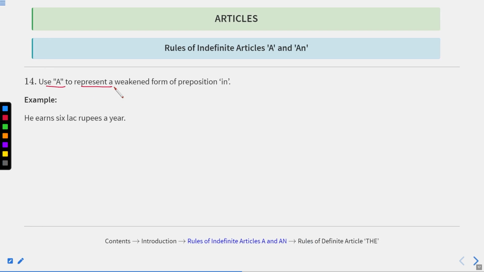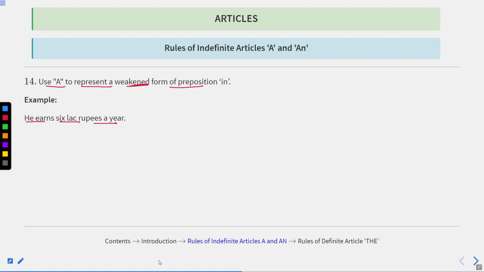Use a to represent a weakened form of the preposition in, for example, he earns 6 lakh rupees a year. Whenever we talk about per, for example per month, per year, per quarter, that which shows the lump sum measurement of something, or which shows the small intervals of something, we can use a.